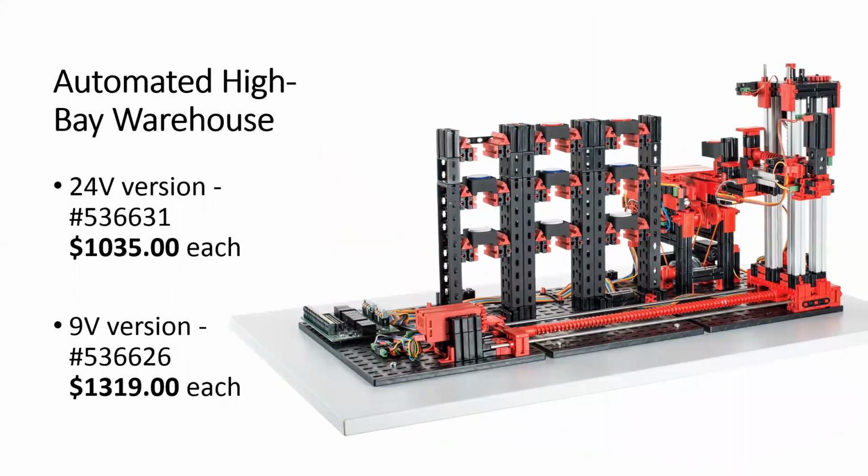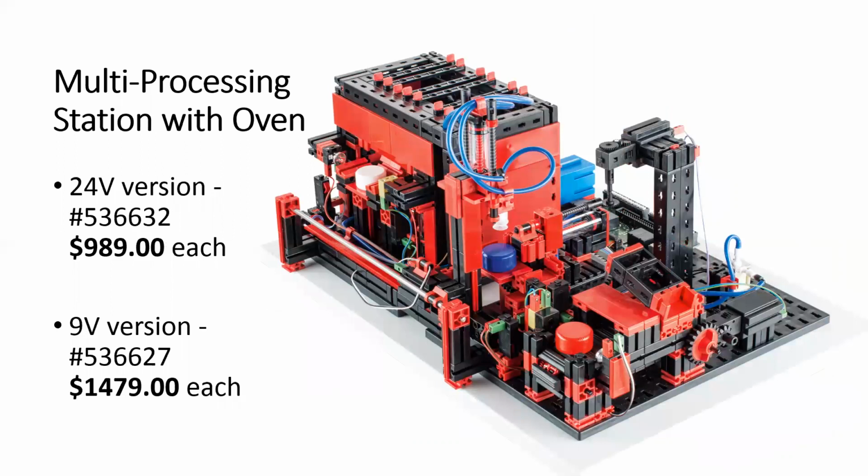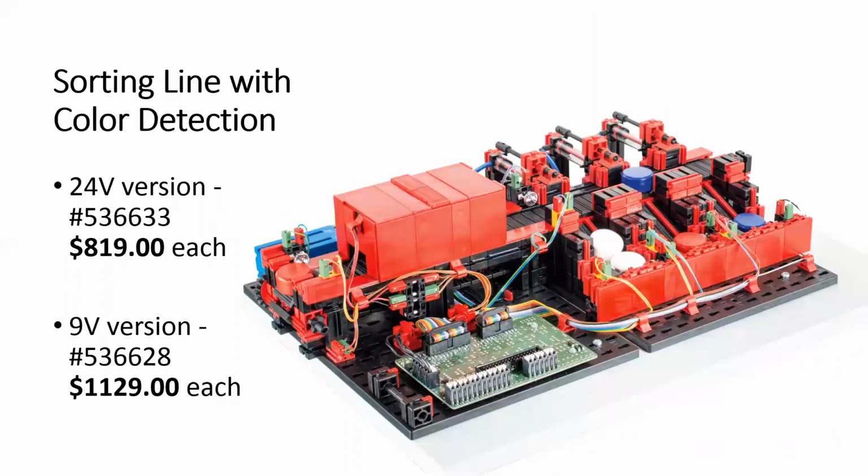The automated high bay warehouse in the 24-volt version is $1,035 list price, and in the 9-volt version is $1,319 list. The multi-processing station with oven in the 24-volt version is $989 each, and in the 9-volt version is $1,479 each.